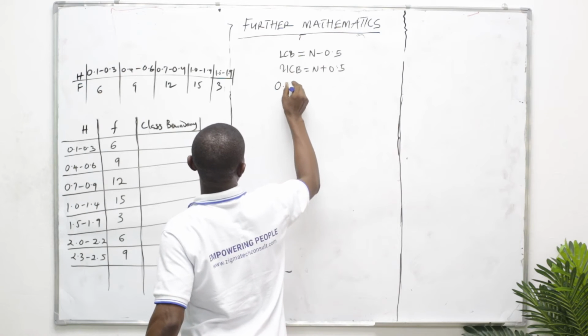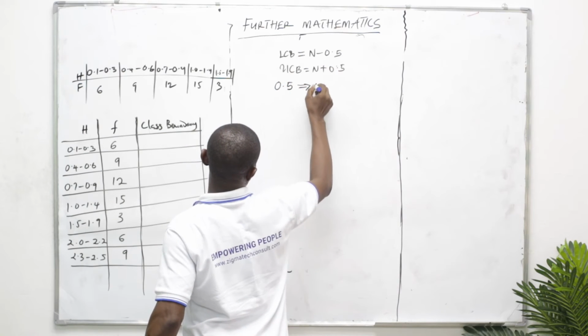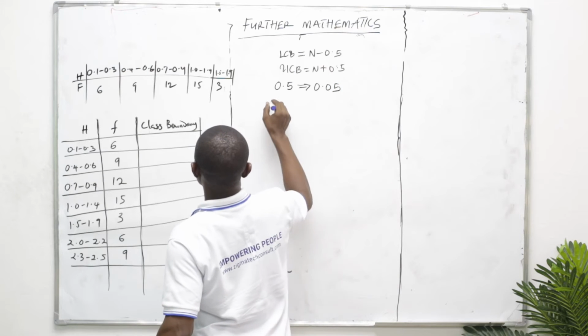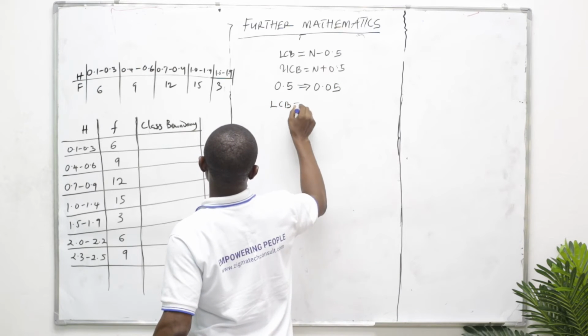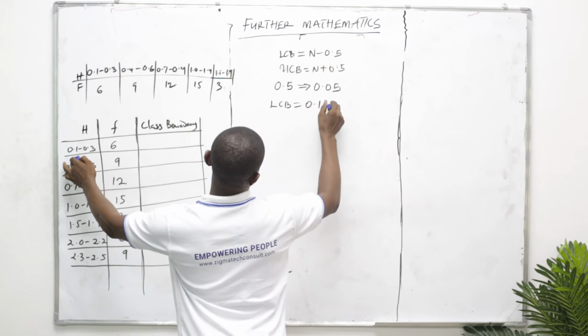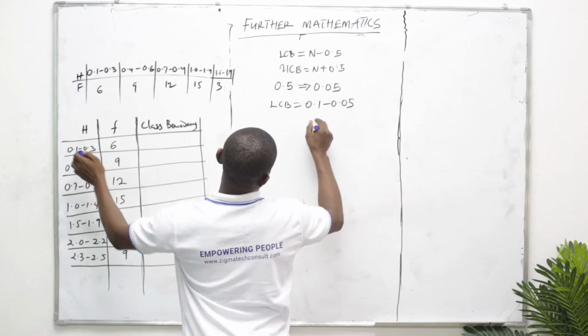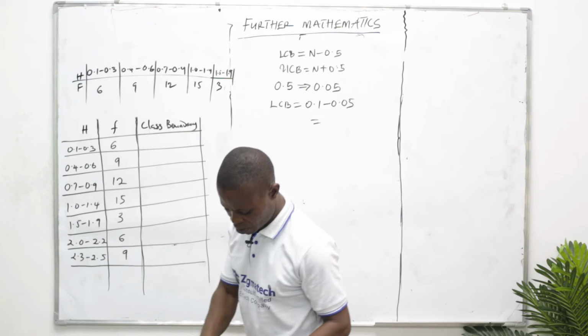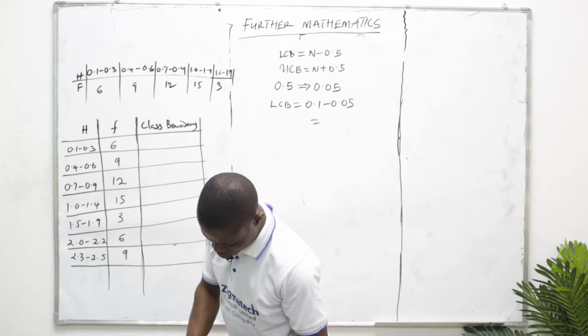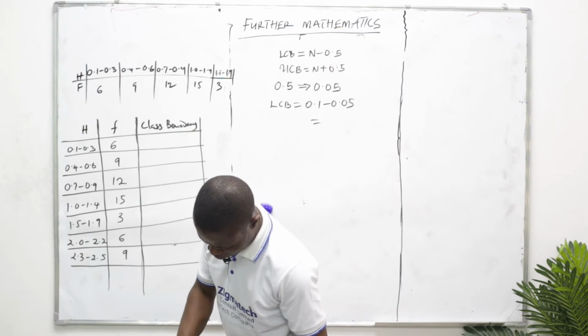This 0.5 will change to 0.05. So that lower class boundary equals n, that is 0.1 minus 0.05 to give us what? Let's check. 0.1 minus 0.05.